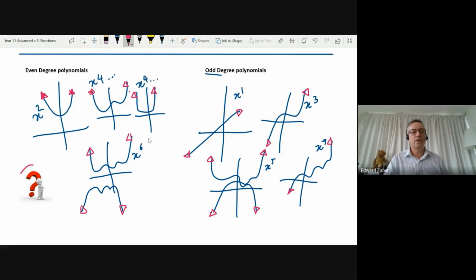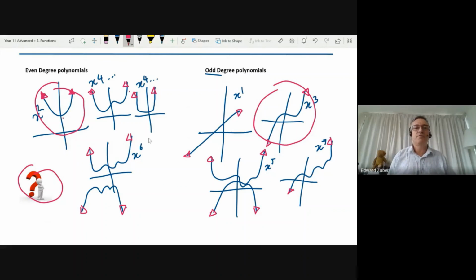I'm going to let you think about why that is. The answer comes down to thinking carefully about why the parabola is in this shape, whereas x cubed is in this shape.